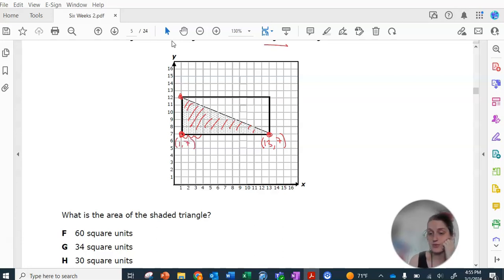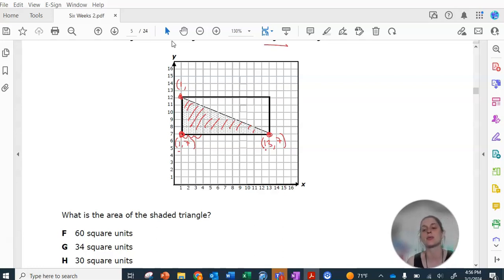So you can use that information to say, okay, my 7s stay the same. That's not helping me measure the distance between them. What's the distance or what's the difference between 1 and 13? That will tell you your base measurement. The difference between 1 and, whatever this y number is, I'm not going to give you all the answers, is your height. Then you're going to use those 2 things to follow your formula to find your final answer.